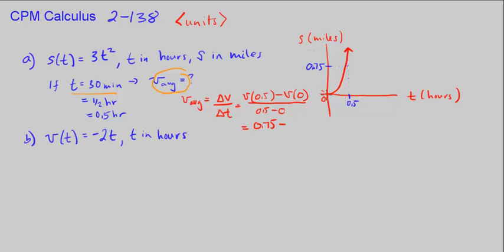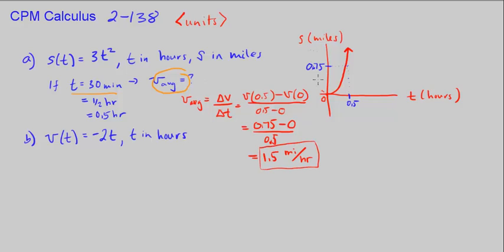The value at time 0 is 0, and 0.5 minus 0 is 0.5. So we plug this in our calculator. 0.75 divided by 0.5 is going to be 1.5. So his average velocity is 1.5 miles per hour.